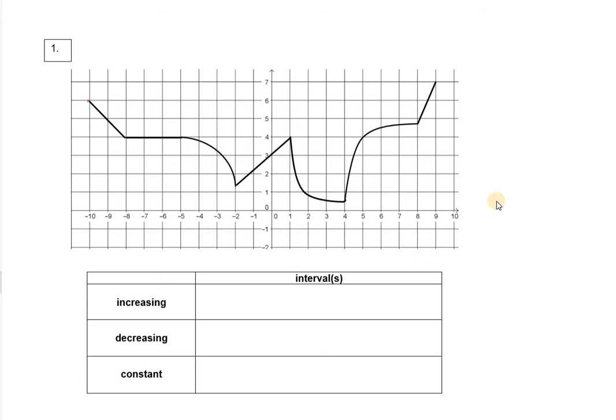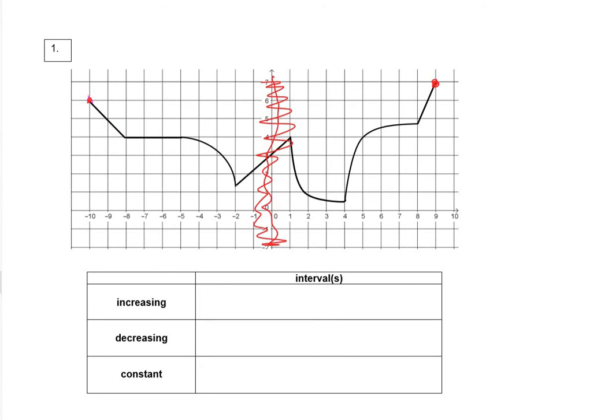Since my graph stops at this point and at this point, I know that my graph does not go on forever. Okay, first thing I'm going to do is eliminate these numbers here on the y-axis. My intervals are all about the numbers on the x-axis.